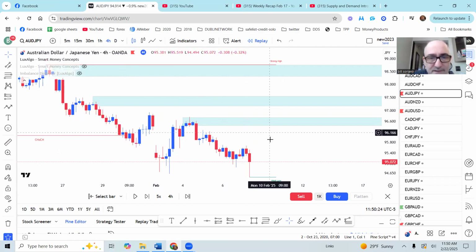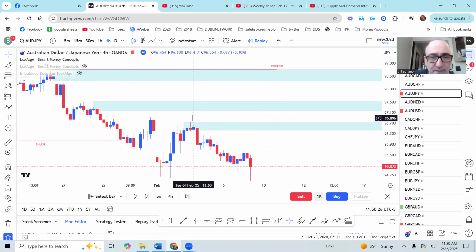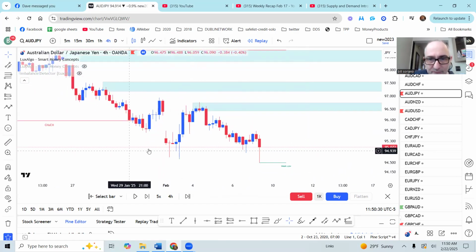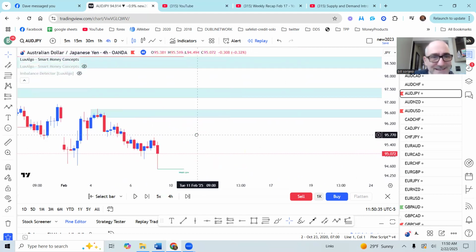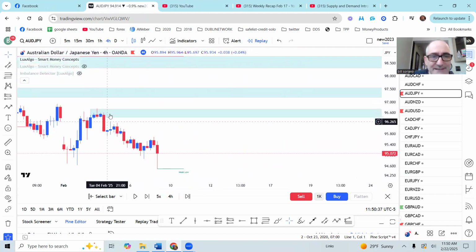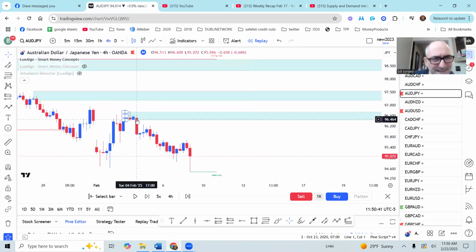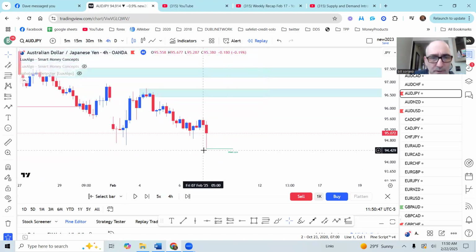So we have imbalance there, right? We also have a liquidity grab. The only thing we really don't have here is a break of structure. So this wouldn't really be a good supply zone to trade from until we get a break of structure.